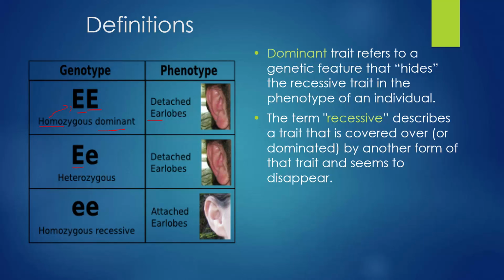Heterozygous, capital E, little e, different, will still give me a detached earlobe because, again, anytime you see a capital letter in the genotype, you get the dominant phenotype. And finally, you have recessive alleles that are homozygous, little e, which gives an attached earlobe. Okay? So that is your recessive trait.